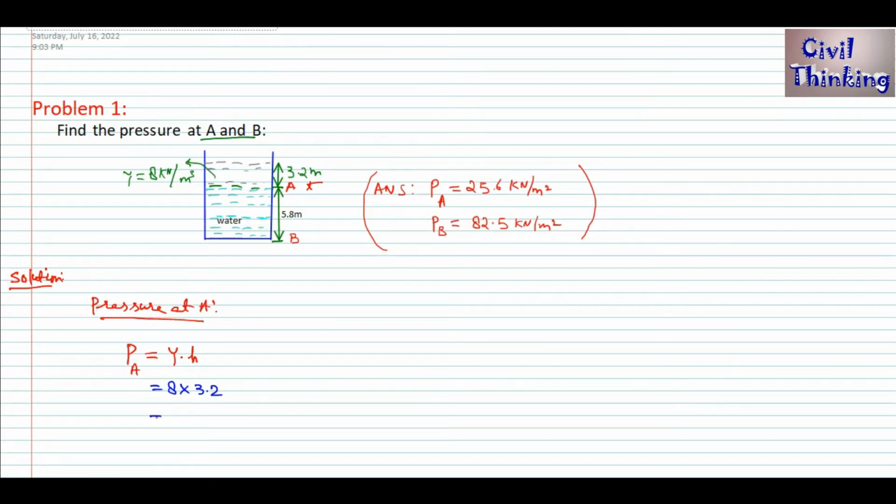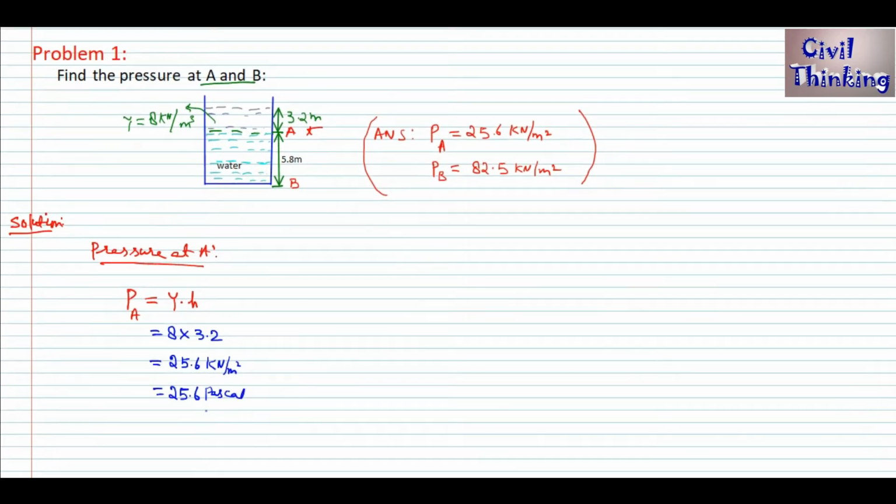When we solve this on the calculator, we get 25.6 kilonewton per meter square, or 25.6 kilopascal, because 1 kilonewton per meter square is equal to 1 kilopascal.